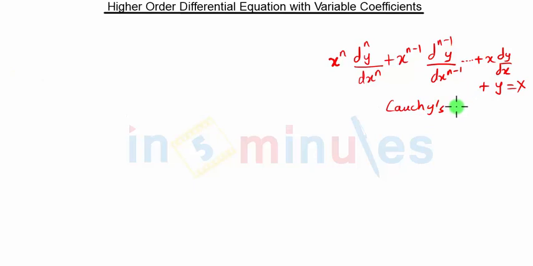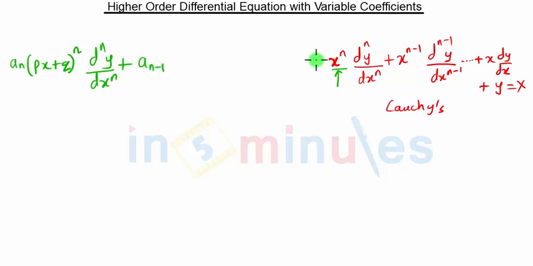But now we will have an equation something like this. Instead of x, we have (px plus q) the whole raised to n, and the derivative terms will remain the same, plus a_(n-1). Here we also have a_n, a_(n-1), a_1, a_0 and so on. Due to the presence of x as a coefficient of derivative, these equations are higher order differential equations with variable coefficients.